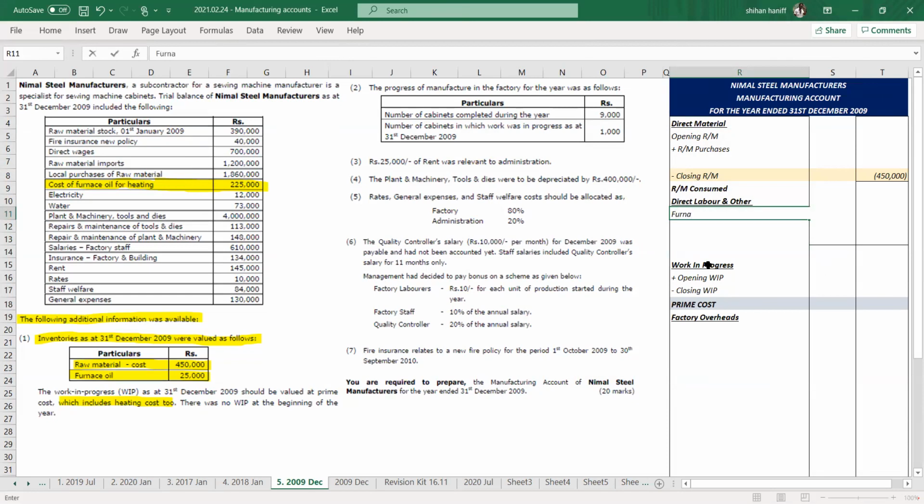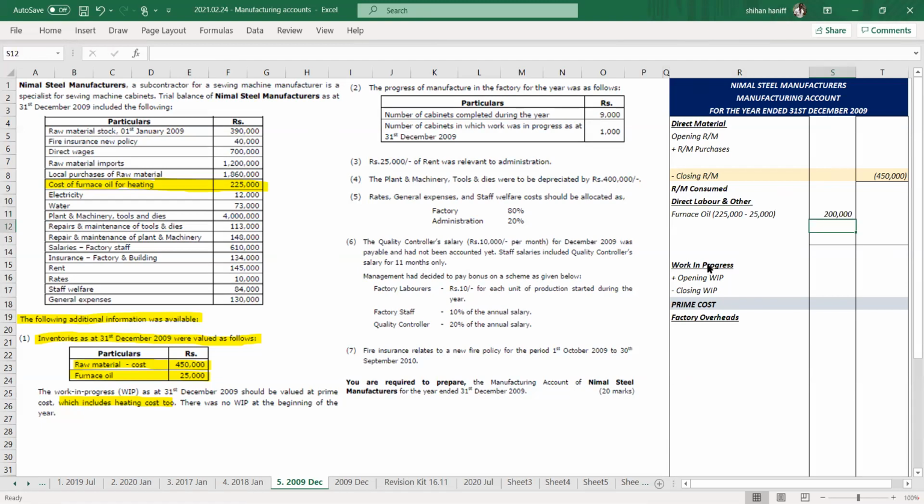So let's take furnace oil. How much is the expense? The cost of furnace oil for heating is 225,000, and there is 25,000 closing stock. So the expense is 225,000 minus 25,000. Closing stock will be deducted.